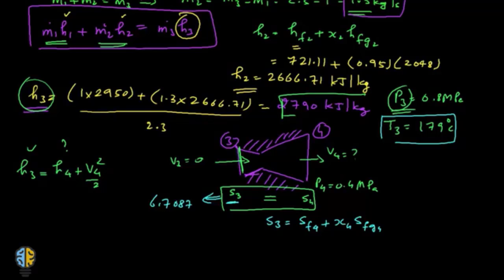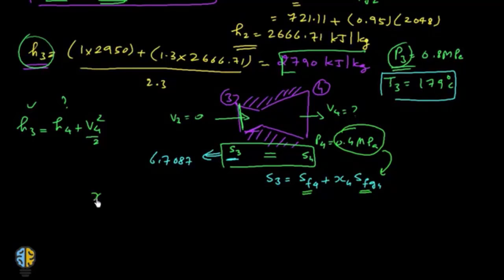From this I can find out the values of SF4 and SFG4 corresponding to this pressure. You can find these values from the steam table, and this equation would give you the value for X4, that is the quality of the steam at state 4, at the exit of the nozzle. That would be about 96%, 0.964.